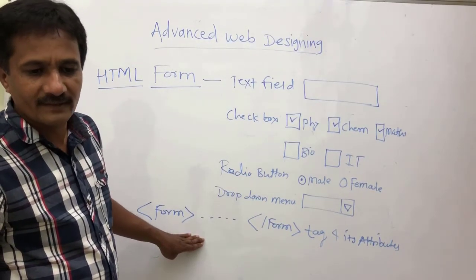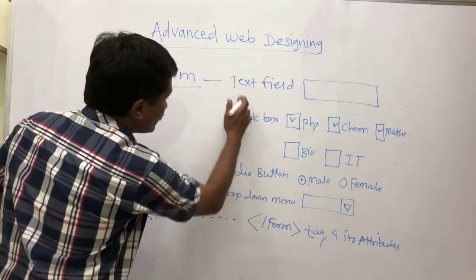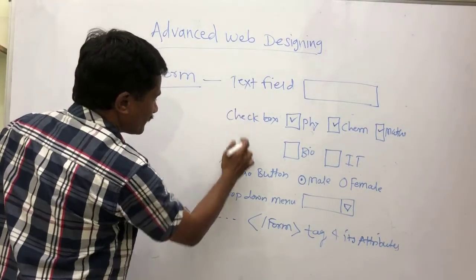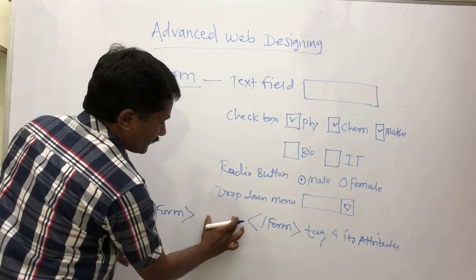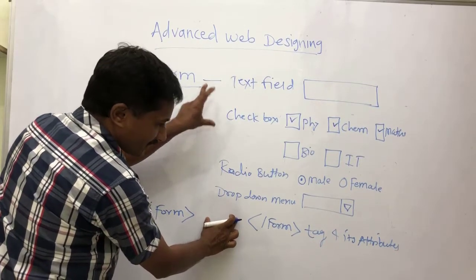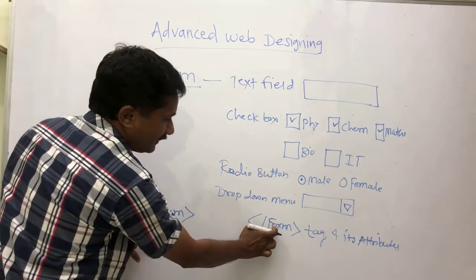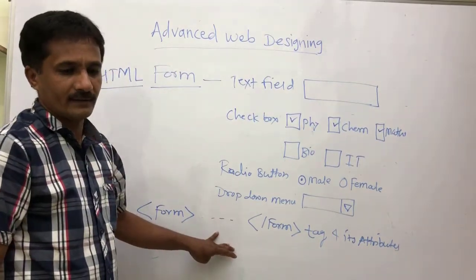Students, you can create a form using the form tag. All form elements are placed inside the body of the form tag. These elements, text field, checkbox, radio button, drop down box, you can put all these required elements inside the form body.